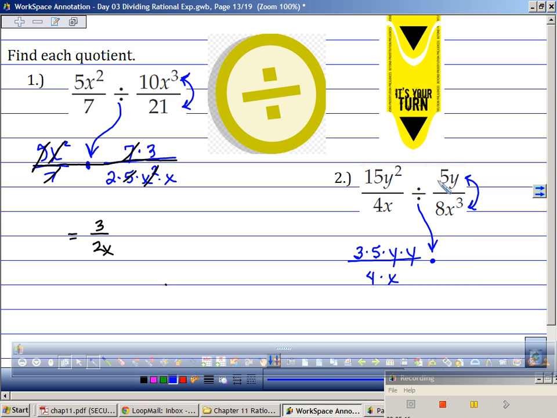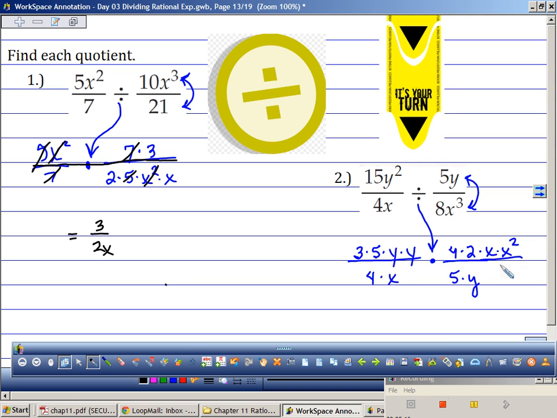So 5y is now going to go where? In the denominator. And 8x cubed is going to be where? 4 times 2 times x times, we only need to do really x times x squared. But you're right, Cassandra, it would work too.